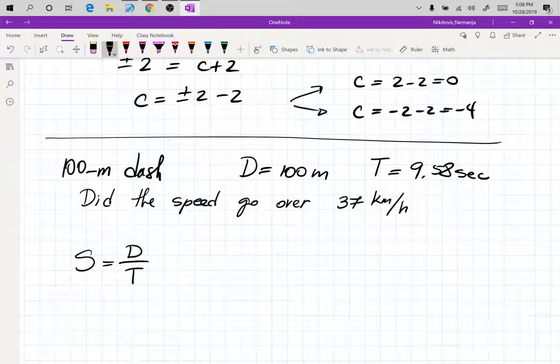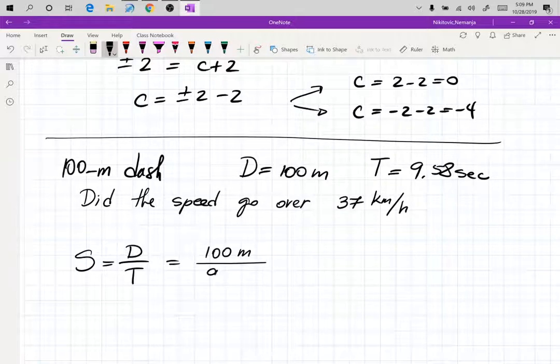And once you have the average speed, because of the mean value theorem, it's right, the run was continuous, and the speed is the derivative of the distance, so everything is differentiable. We can use the parallel between the two. So distance over time: the distance was 100 meters and the time was 9.58 seconds.